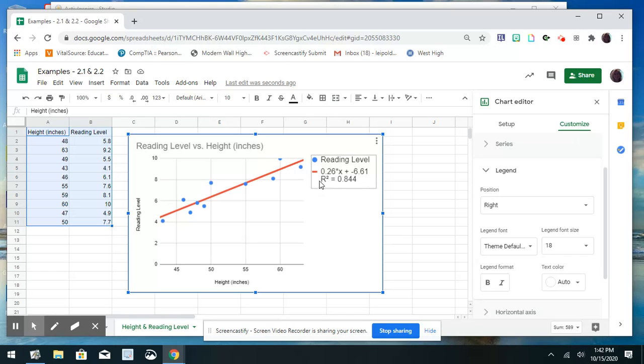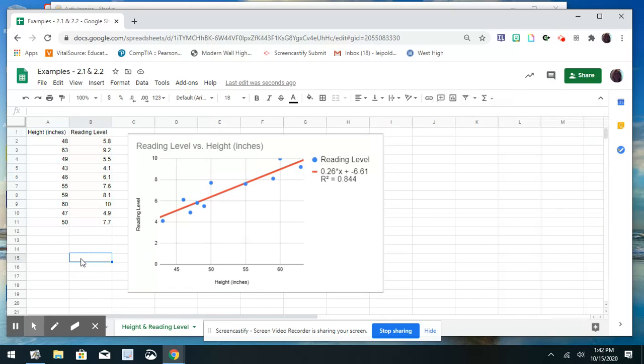Then we were asked to see if this correlation coefficient is strong, but to find the correlation coefficient, we need R, not R squared. So we come over to an empty cell anywhere in your spreadsheet. You type equals and then capital SQRT. Hit your left parenthesis. Type in 0.844, right parenthesis, and hit enter.